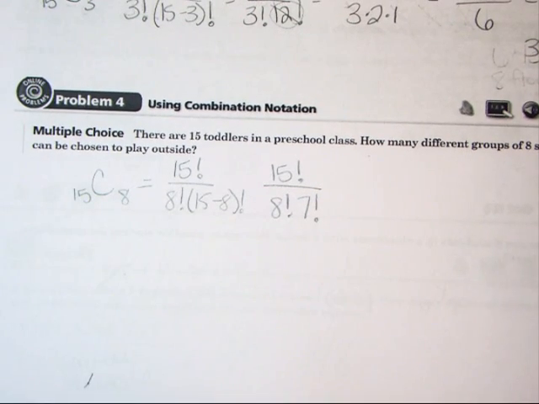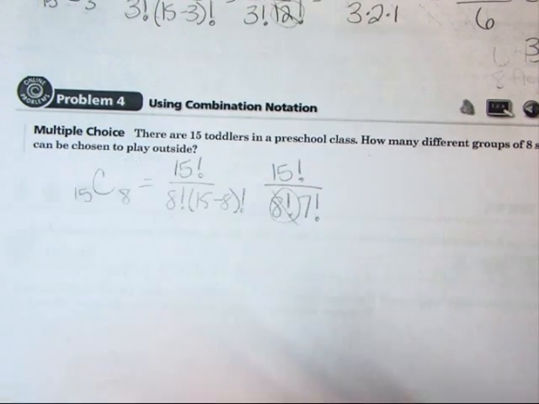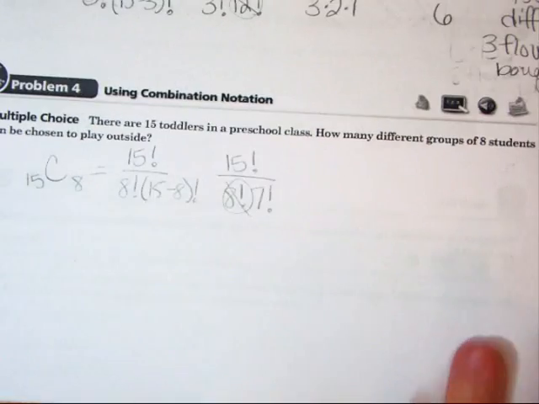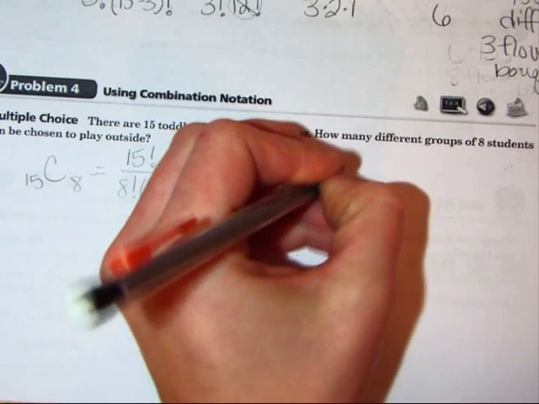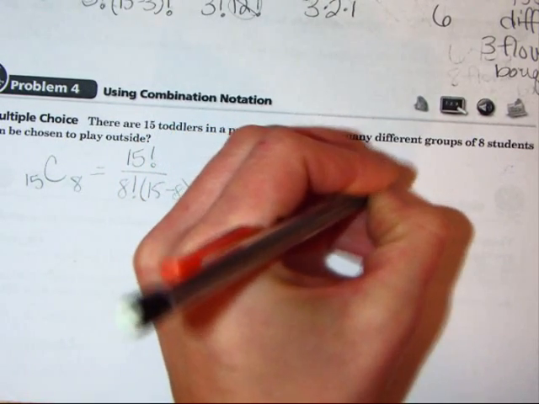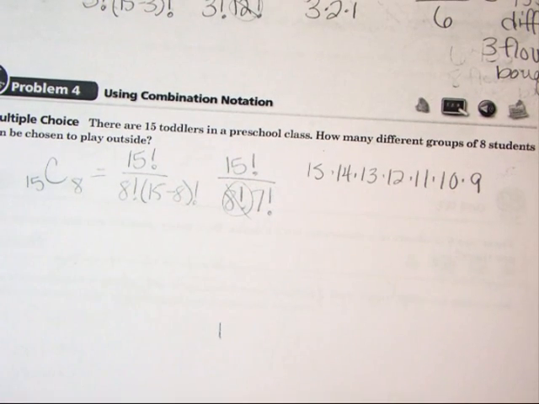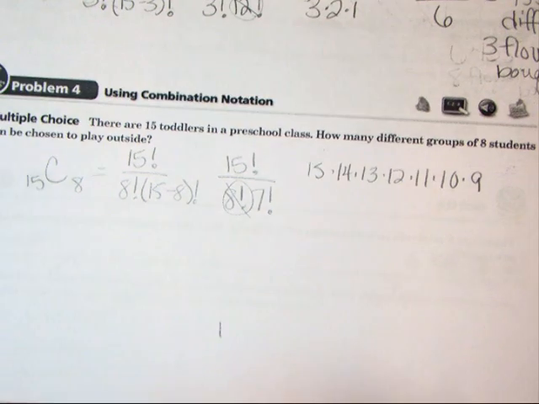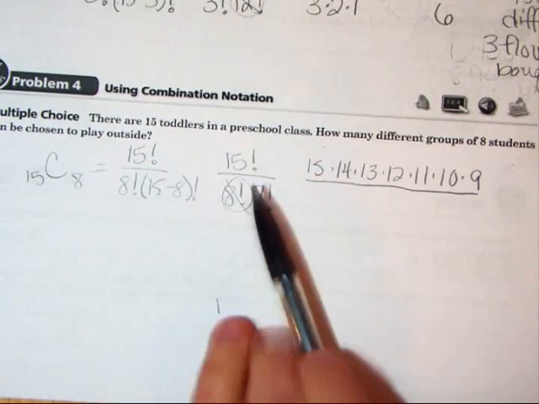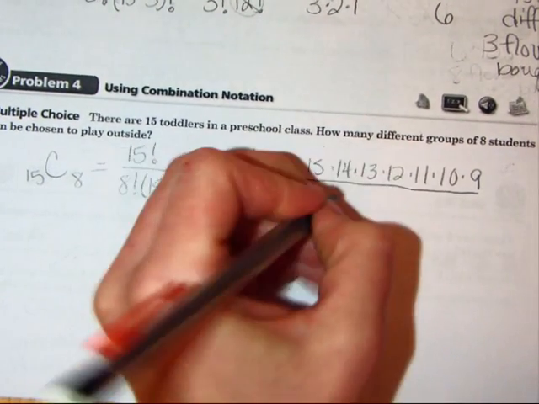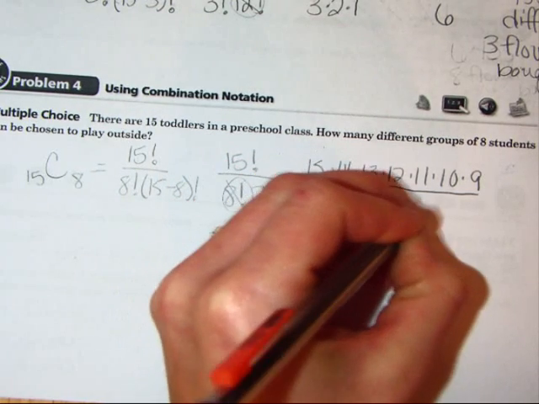Just like I did above, I'm going to cancel out the 8 on the bottom because it's bigger. The top will be 15, 14, 13, 12, 11, 10, 9. Notice I'm not going to do 8, 7, 6, 5, 4, 3, 2, 1. And the bottom is the remaining 7: 7, 6, 5, 4, 3, 2, 1.